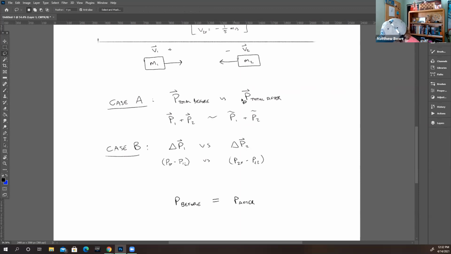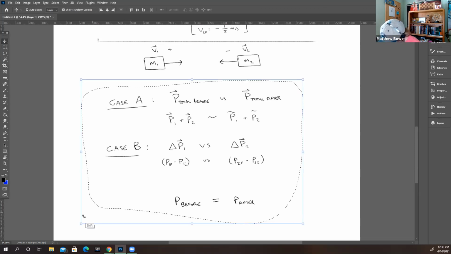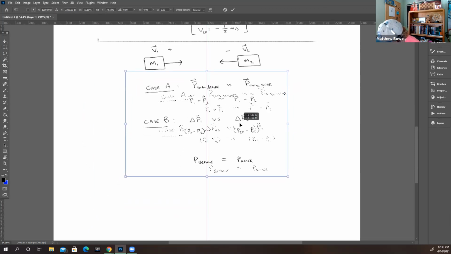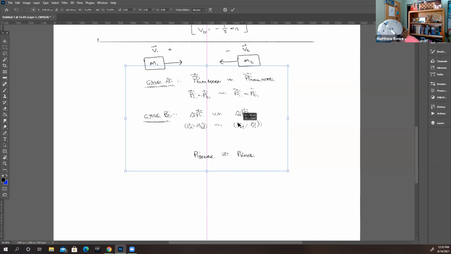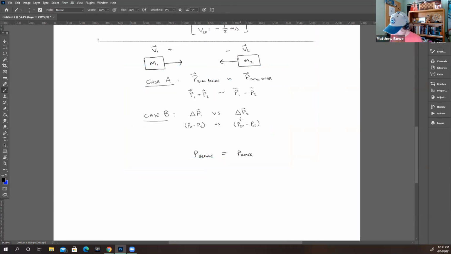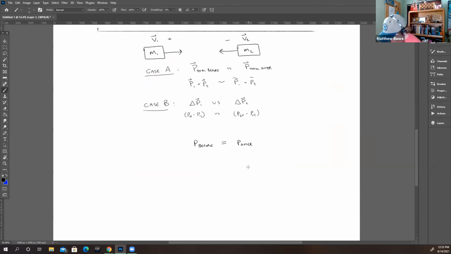So let me go like this. If you guys are following along and you need to re-see something, just let me know. So it's going to be the exact same thing except with kinetic energy. So case A, kinetic energy, we're going to look at the total of the two cars before and the total after.